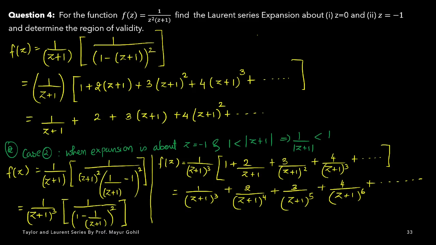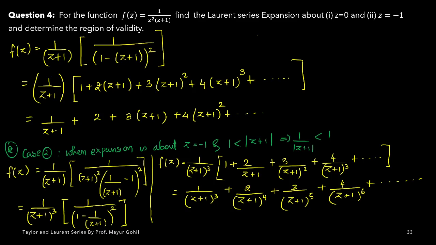So we have to take the regions into consideration and we get the expansion. I hope that you have understood this very special example where we have not used the logic of partial fraction, but the answer comes the same. Even if you do the partial fraction, the same answer will come as with this method that we have done.